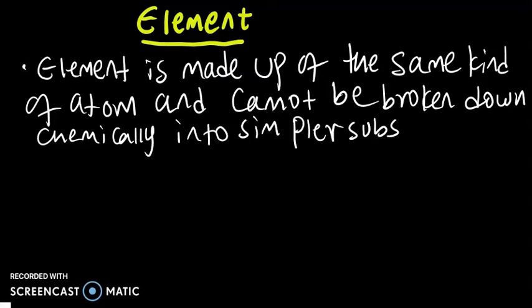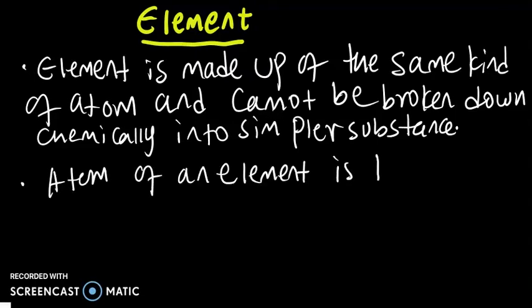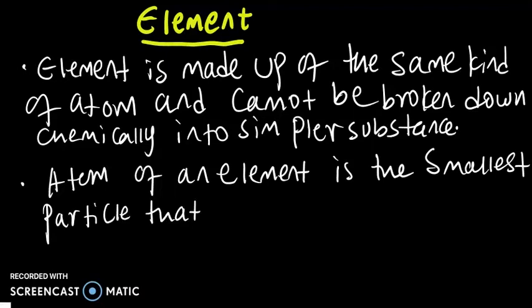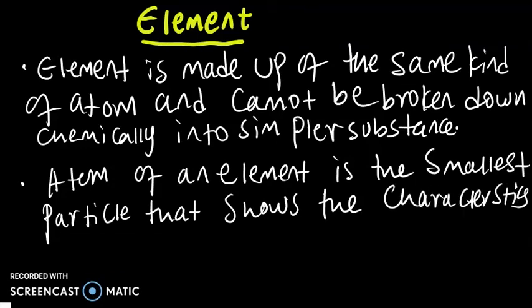So there's no way for you to understand elements without using atoms. So let's also define what an atom is. An atom of an element is the smallest particle that shows the characteristic properties of an element.